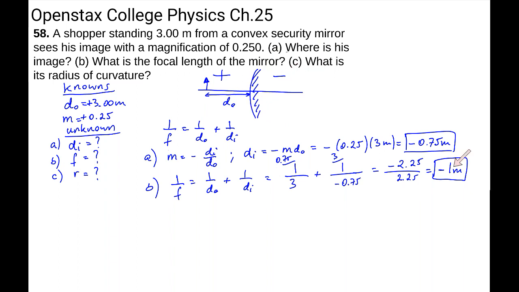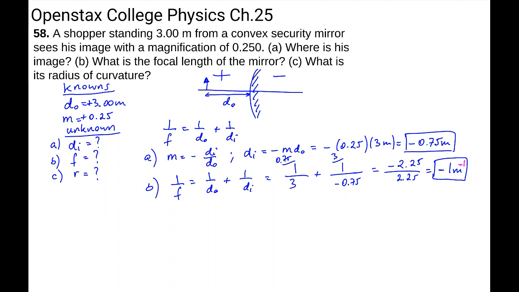All right, so I said I messed up here. Why did I mess up? Because if I trace back my equation, I see that I have 1 over f is equal to this, right? So that means that it's not negative 1 meter. The 1 over f is negative 1 meter, but it is actually, let me change this, meter to the negative 1, because I found 1 over the focal length.